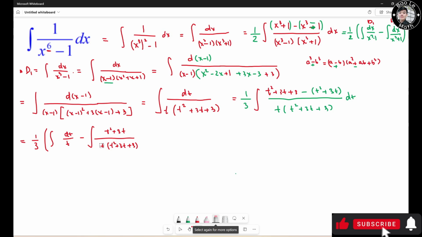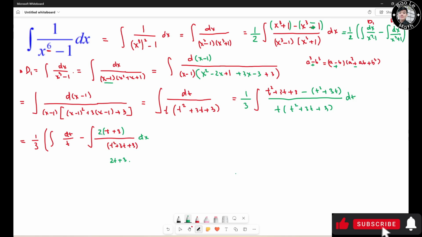I can divide the top and bottom by t. So the t on the bottom is gone, and the top, I only have t plus 3, right? Now, observe that if you take the derivative of the bottom, it's going to be 2t plus 3, right? I only have t's right here, so I need to multiply the top by 2 so that I have 2t's.